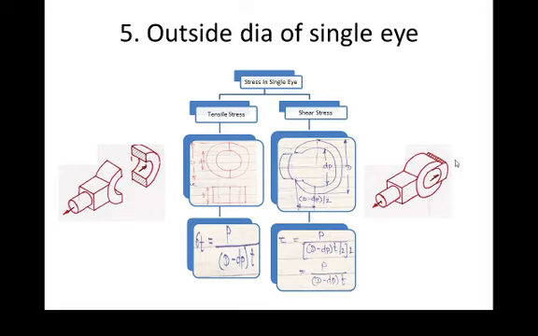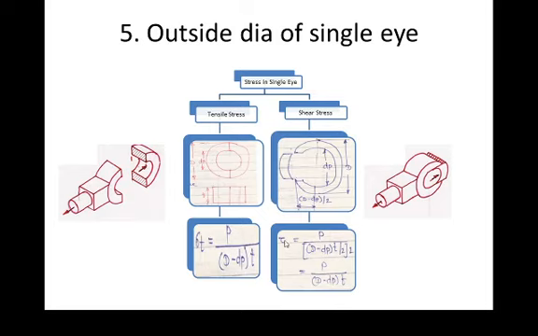So 2 into (D minus dp) divided by 2, into T, the thickness, for the first area and second area. Therefore tau will be equal to P divided by (D minus dp) into T.